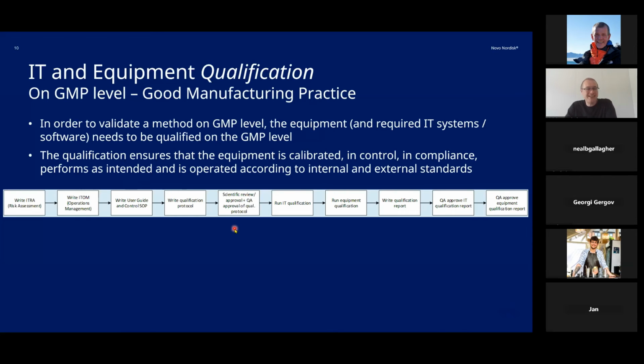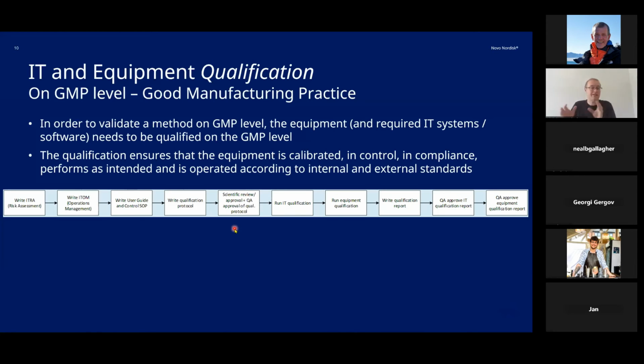We can have a method responsible that is responsible for setting up the method, but that method should be locked for the user, so the user cannot access the method and make changes to it. And the method responsible should note any changes to the method and see if that impacts how the instrument acquires data. If there are changes needed on the methods, we have the whole change request case.